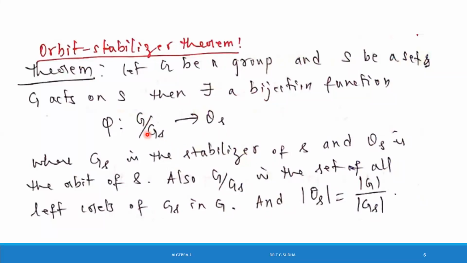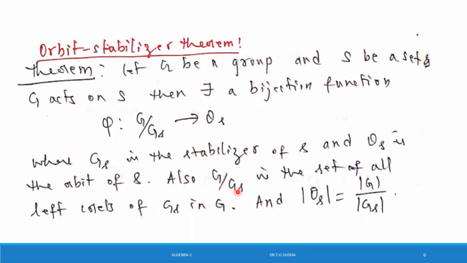That is, G is a group, G_s is a stabilizer, and this becomes a quotient group, and this quotient group is mapped onto the orbit of s. Where G_s is the stabilizer of s, O_s is the orbit of s.